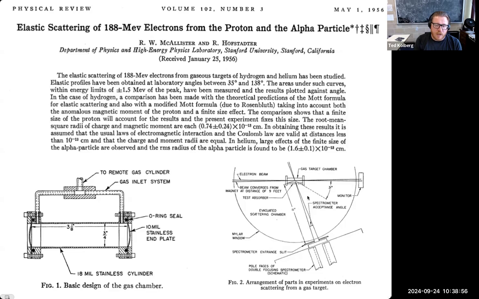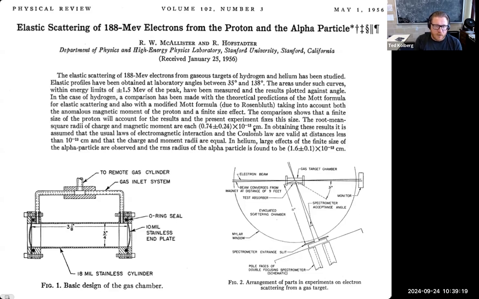So this will enable us to measure both the scattering angle theta and the outgoing electron energy E prime. And those were the two observables that we needed in order to be able to do the differential cross section of the Rosenbluth formula on the previous slide.